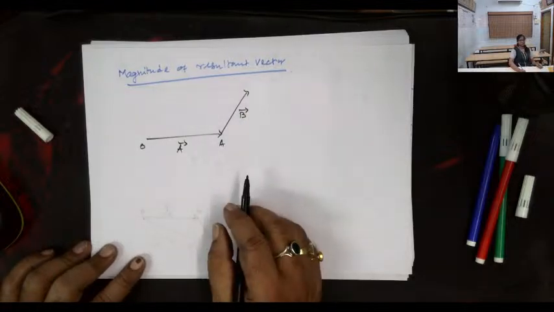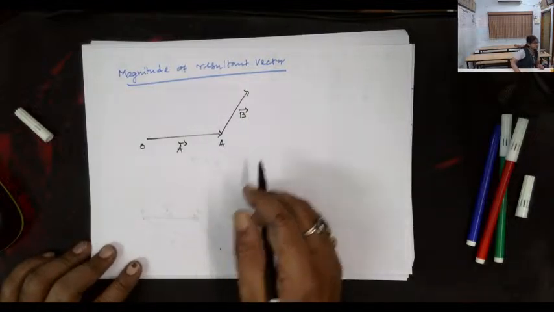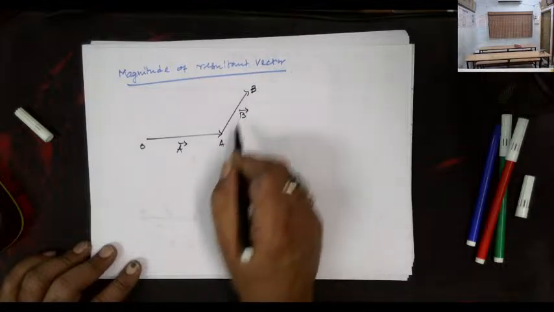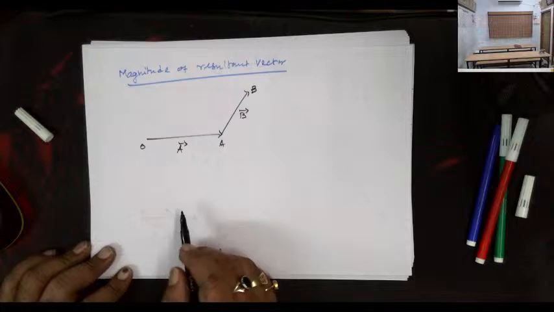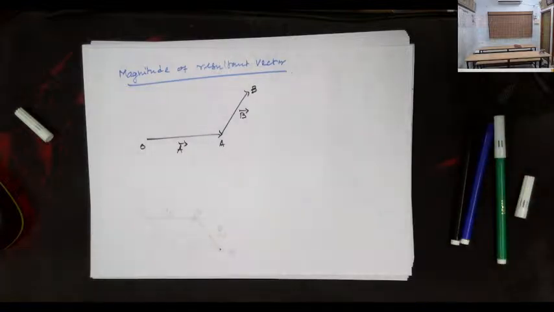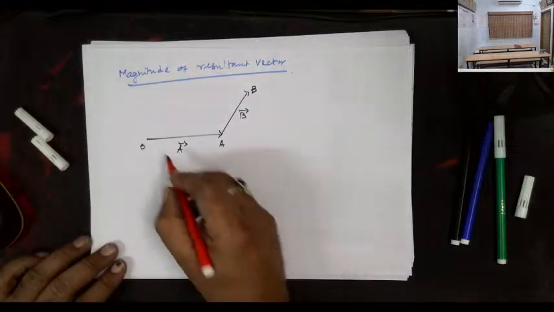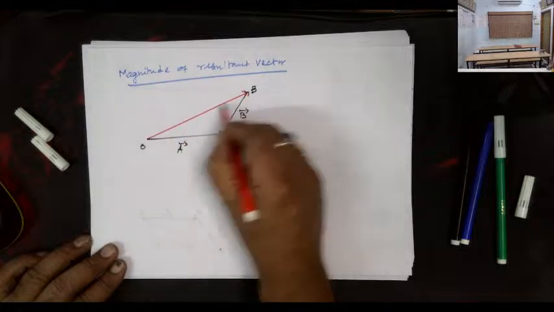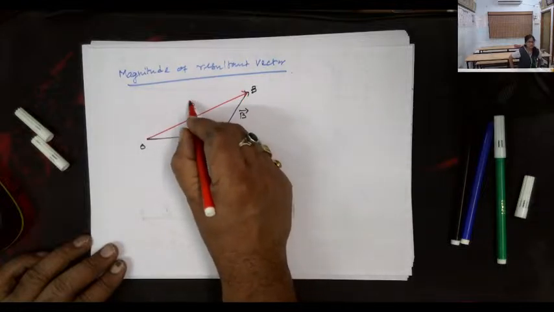Okay, so this is B. Now the resultant vector is R, is the resultant vector.